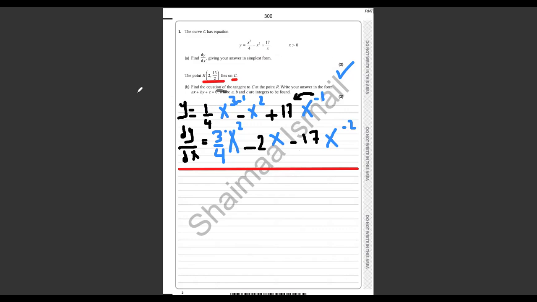To find the equation, we need two things. We need a point, we already have it, and the gradient, which we already get from the derivative. We need a point and gradient to make an equation of the tangent.